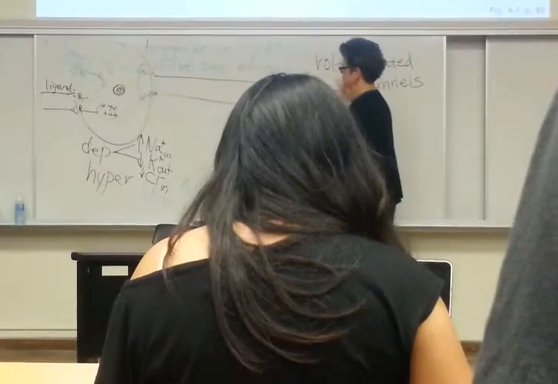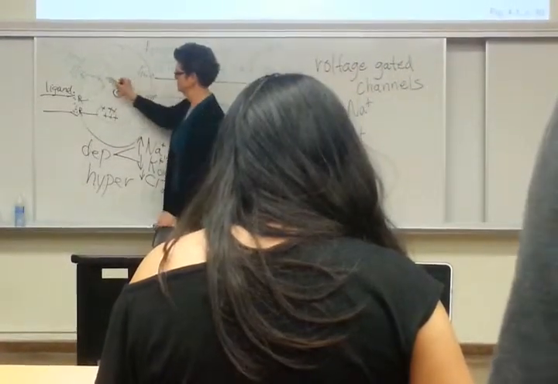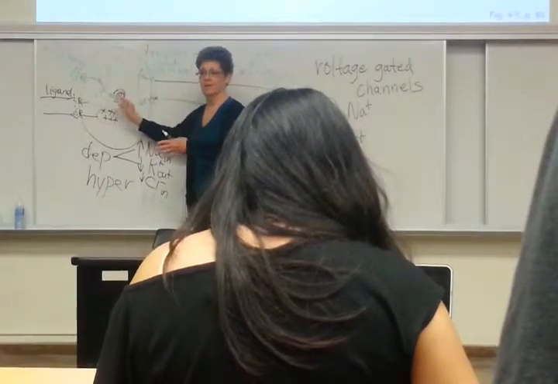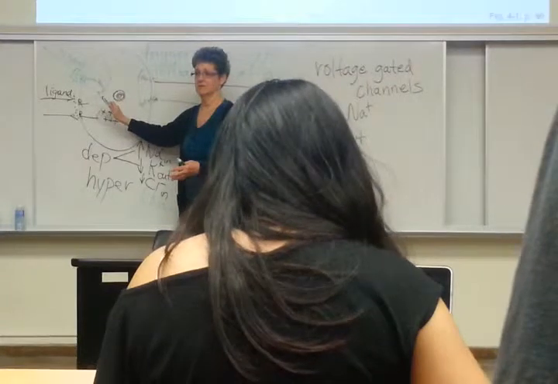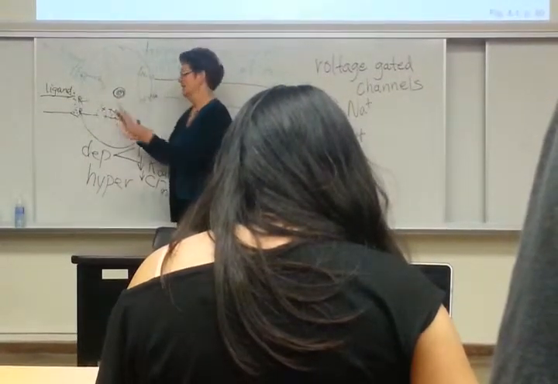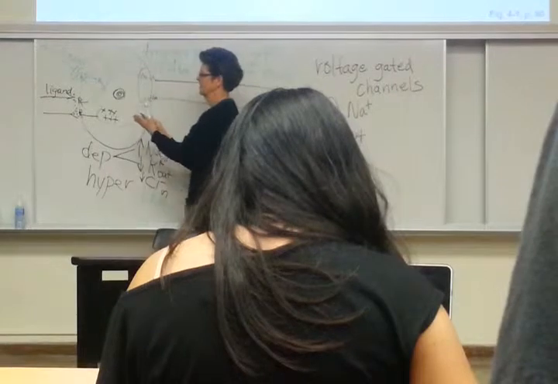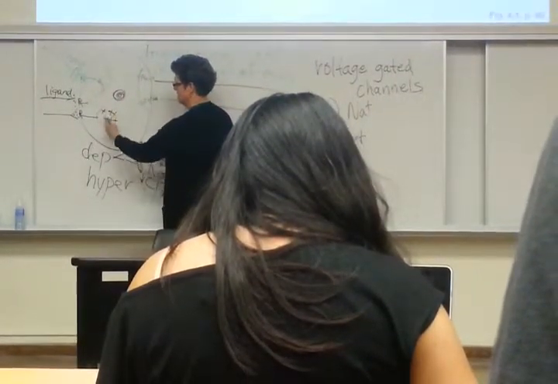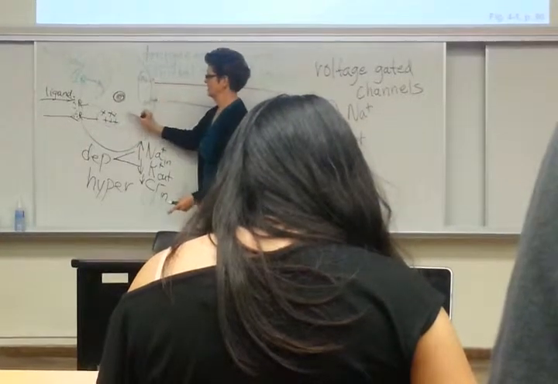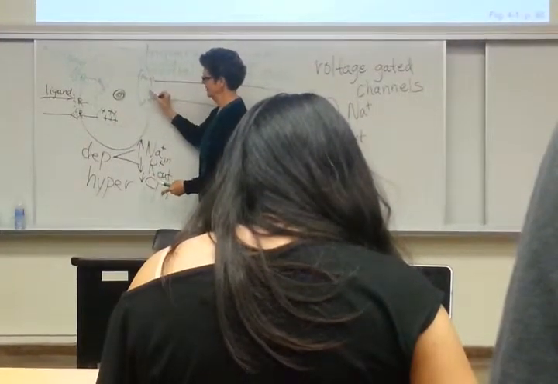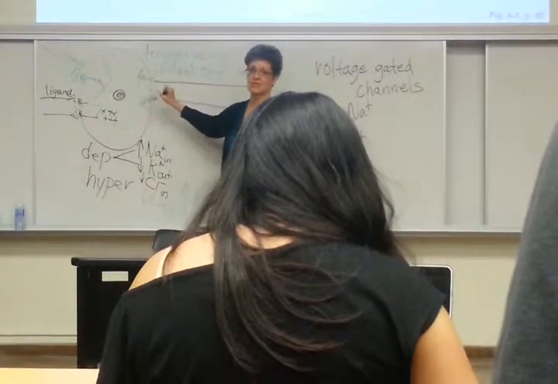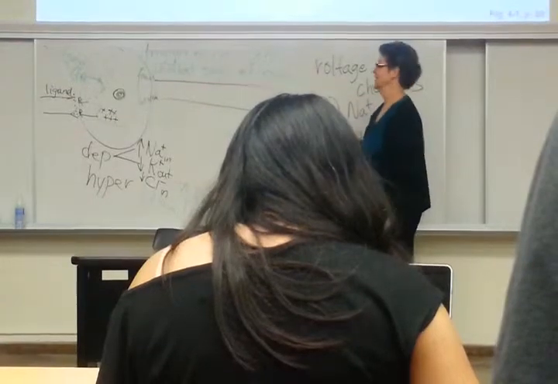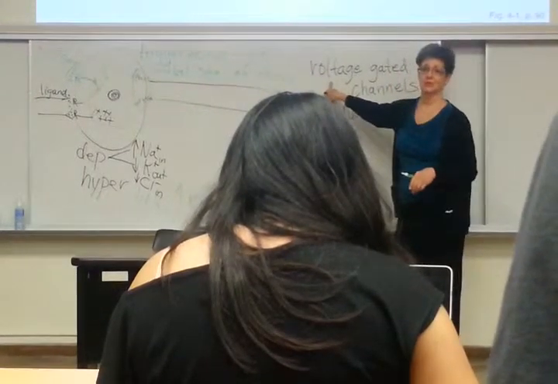What triggers, where does the voltage come from? It comes from all these ions that are moving in the cell body and the dendrites. As they diffuse away and cancel each other out, if there's enough coming in that is positive, and you get those positive charges to reach this initial segment and get to threshold, then you can open voltage-gated sodium channels.